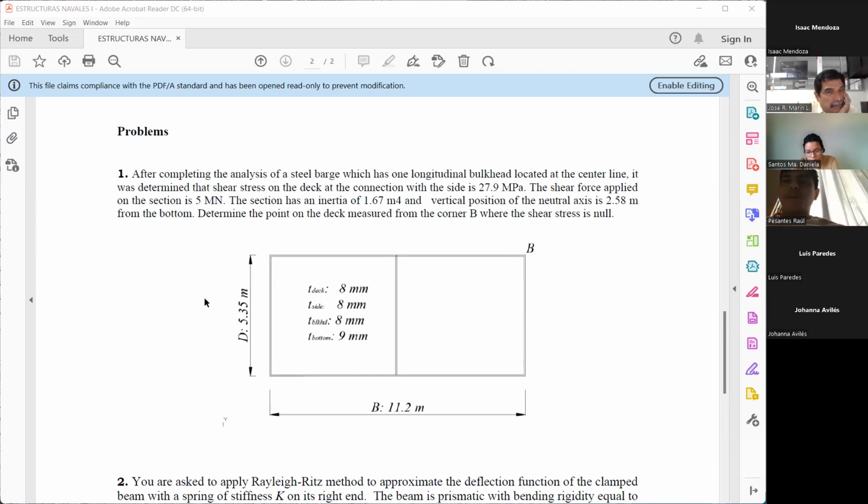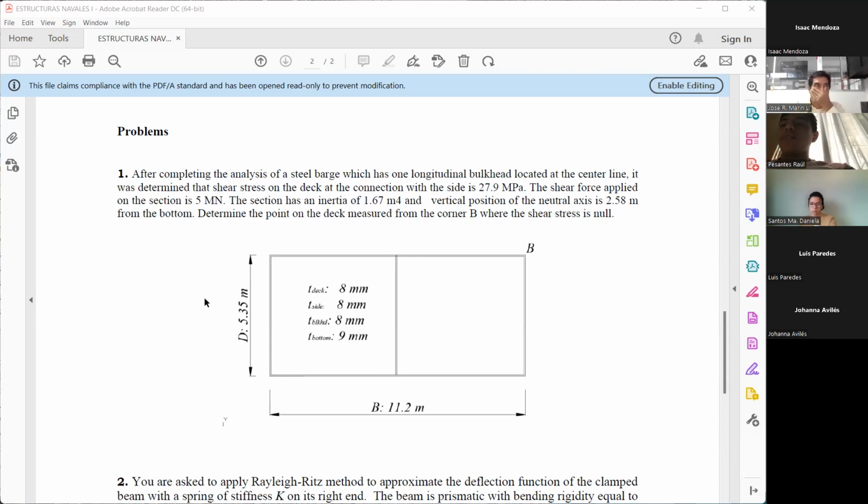After completing the analysis of the steel barge, which has one longitudinal bulkhead located at the center line, it was determined that the shear stress on the deck at the connection with the side is 27.9 megapascals. The shear force applied on the section is 5 meganewtons.